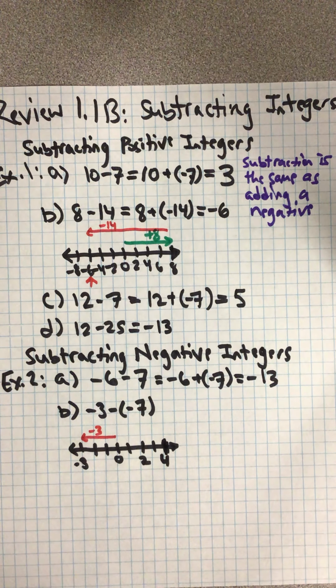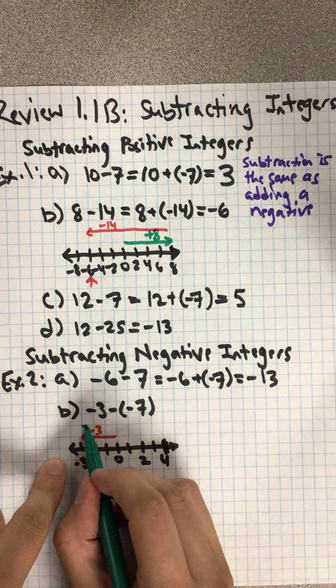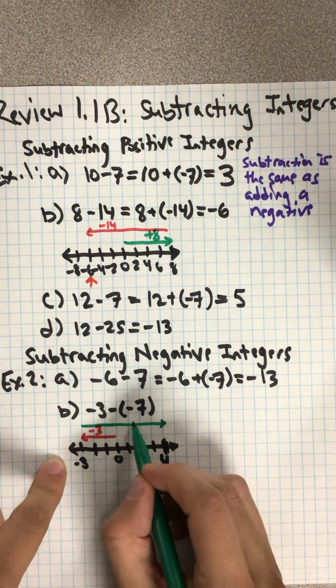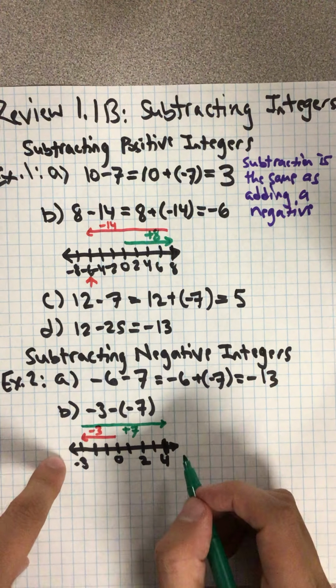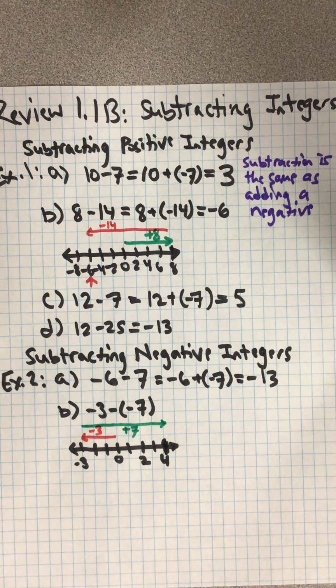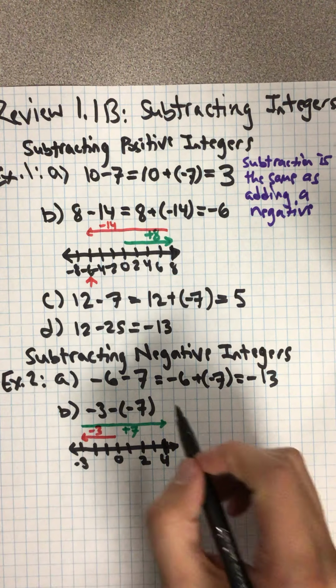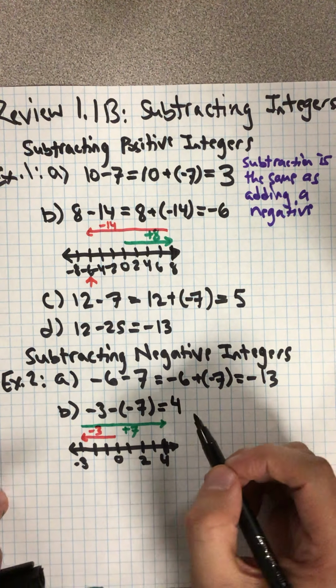By the same token, if we were to subtract a -7, the -7 you would normally expect moves to the left, but since we're subtracting it, we need to do the opposite of what we expect, and therefore we need to move it 7 units to the right. So from here, we're going to add 7 units. So this is the minus -7, that becomes +7, and we end up with an answer of -3 minus -7 equals +4.